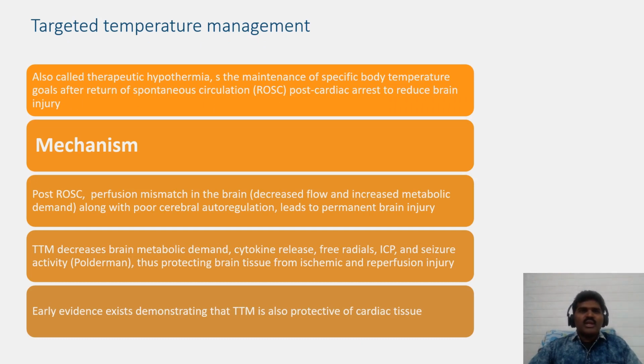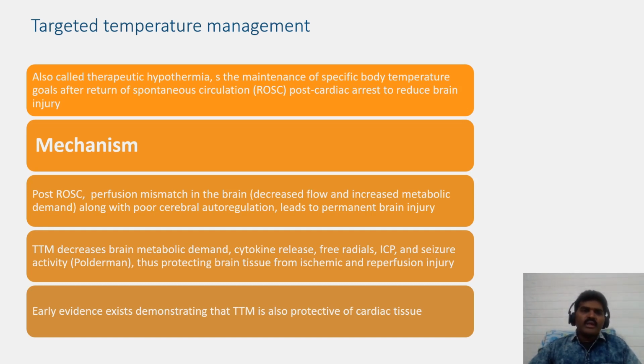Coming to targeted temperature management, also called therapeutic hypothermia, is the maintenance of specific body temperature goals after return of spontaneous circulation post cardiac arrest to reduce the brain injury. The principle on which TTM is based is post ROSC perfusion mismatch in the brain: decreased flow and increased metabolic demand, along with poor cerebral autoregulation, which can lead to permanent brain injury.